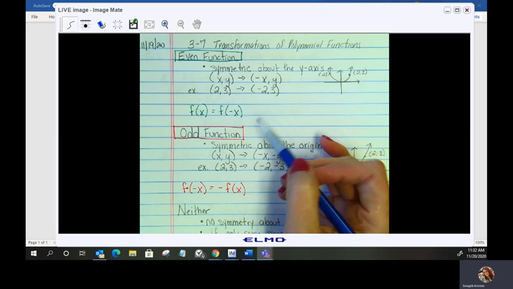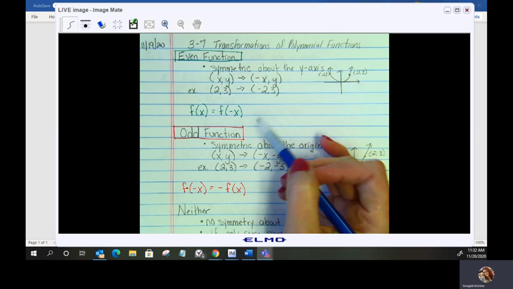Any negative number raised to an even power is going to be positive. 4x to the 4th plus 5. Now notice, none of my signs changed, so that means I have f of negative x equals my original function. This is even.